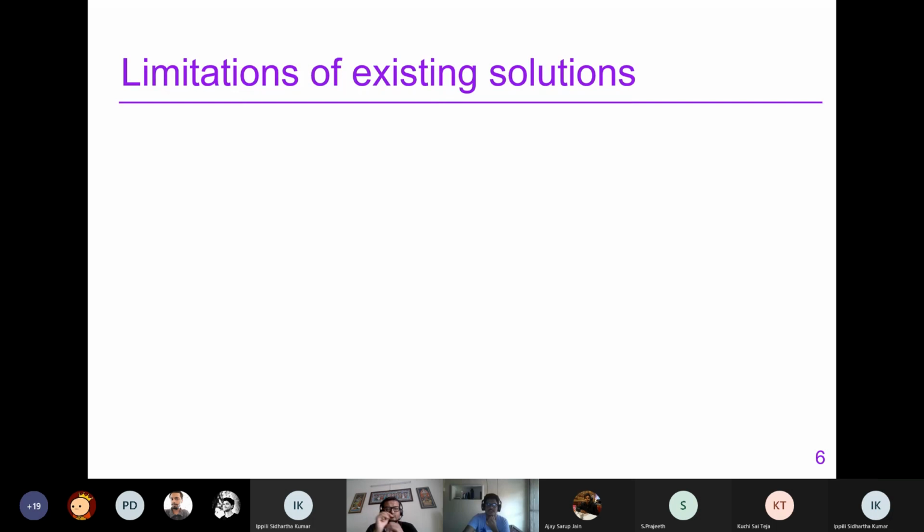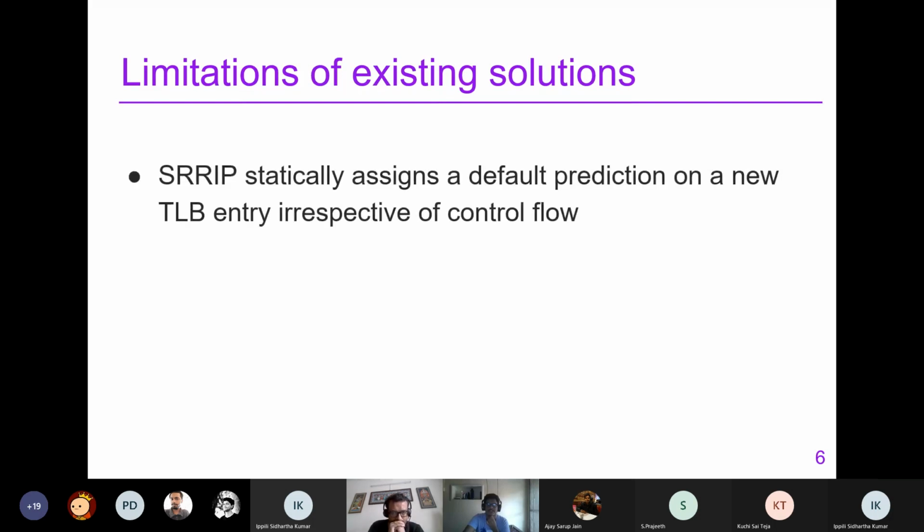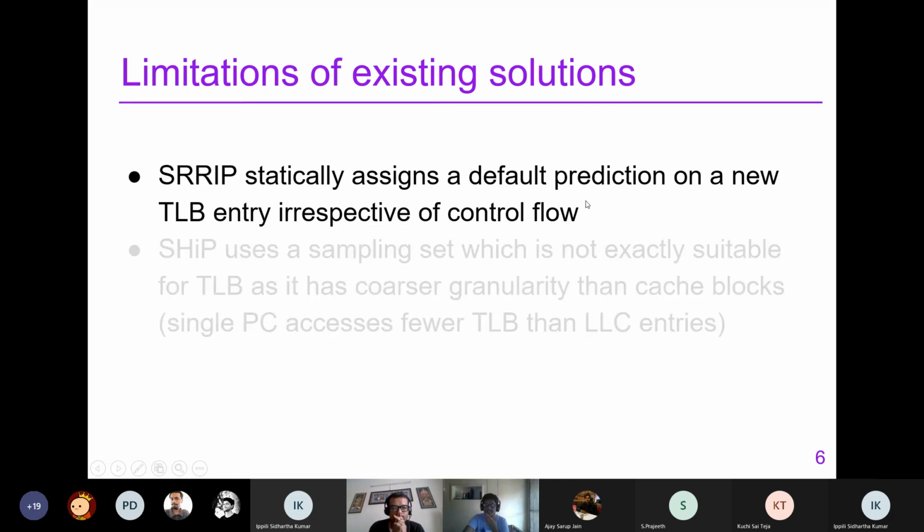There will obviously be some limitations of the existing solutions. SRRIP stands for Static Re-reference Interval Prediction, and it statically assigns a default prediction to a new TLB entry. Since it is default, it is irrespective of any control flow, and therefore it maps poorly to the TLB, even though it has much less hardware overhead, as we will see later.